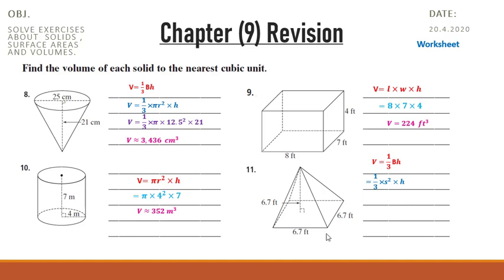So it will be third multiplied by 6.7 square multiplied by the height, which is 6.7. Okay, do you have a calculator? No. Okay, I will help you with this also. The volume will be approximately 100 cubic centimeter.